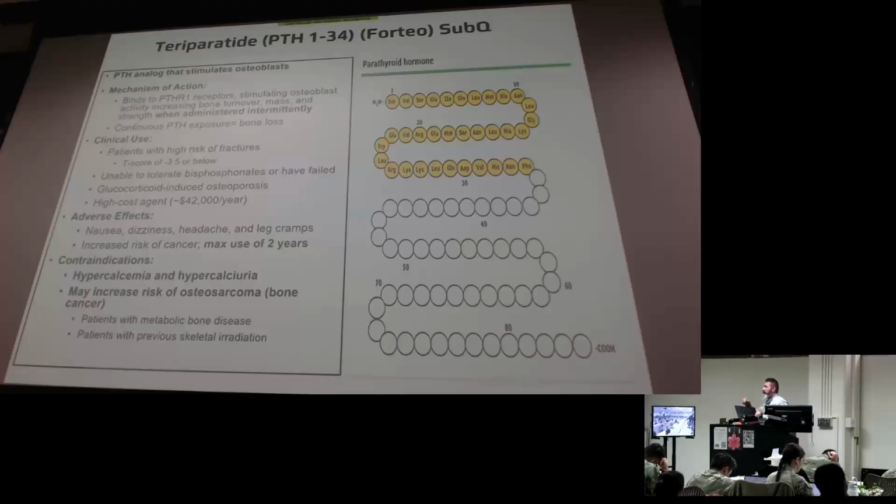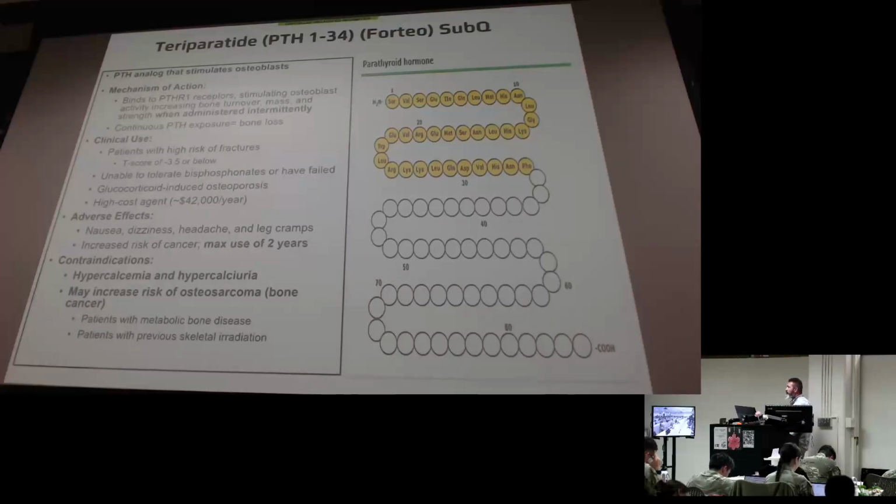Because I told you in the beginning that it matters if it's continuous versus pulse dosing of parathyroid hormone. When you give it in burst dose, and we'll talk about that, it actually helps to build bone. It's the continuous exposure which actually leads to the increase in osteoclast activity.